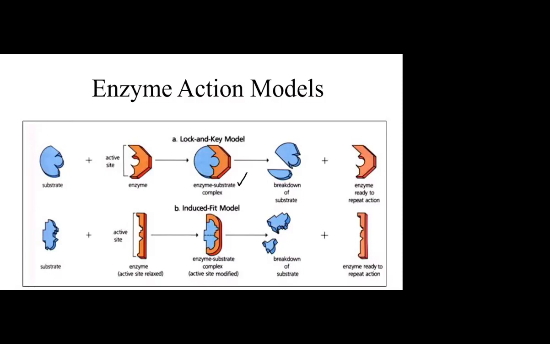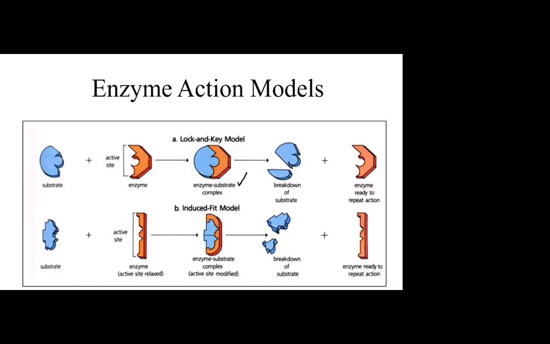So once that substrate is placed in the opening where the key fits in the correct direction with enough energy for overcoming that activation energy, the enzyme is able to produce product and regenerate.